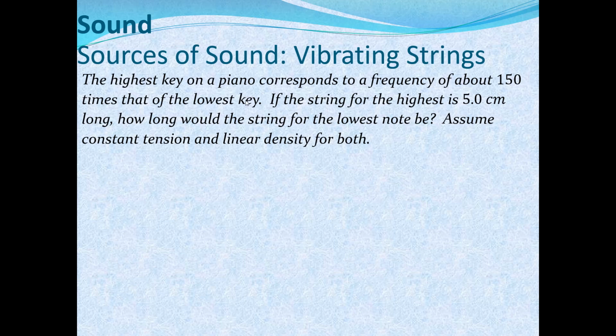But we actually do kind of know that right off the bat, because we know that the length of the string and the wavelength are directly related. So you double the length of the string, you double the wavelength that could fit on it. And we also know, because of the equation v equals f lambda, that when you double the frequency, you actually halve the wavelength. They have an inverse relationship. But we'll just prove this.